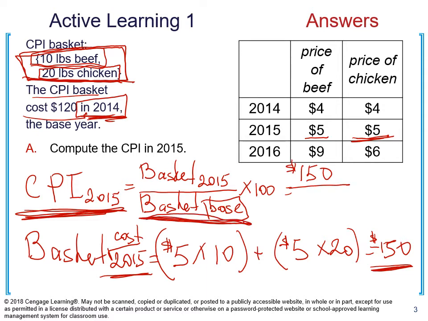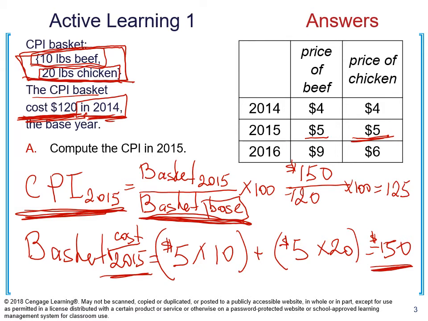The basket cost of the base year, I'm going to remind you once again, they already calculated it for us, so we don't have to do it. It was given to us. It is $120, multiplied by 100, and if we calculate it, I believe the consumer price index is going to be 125.